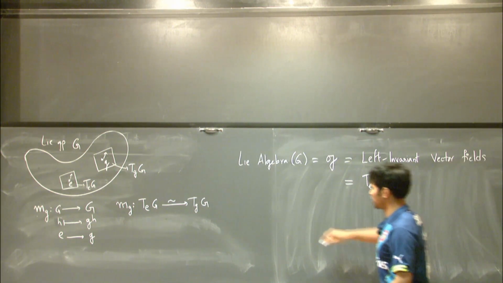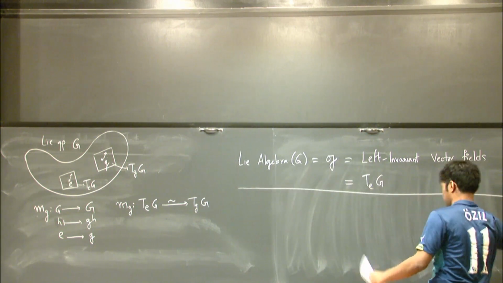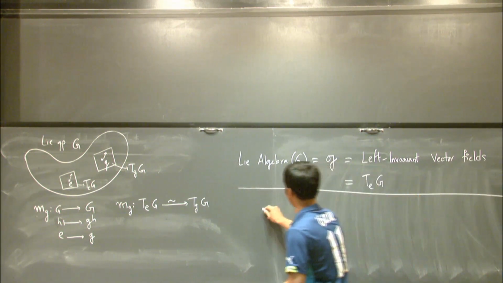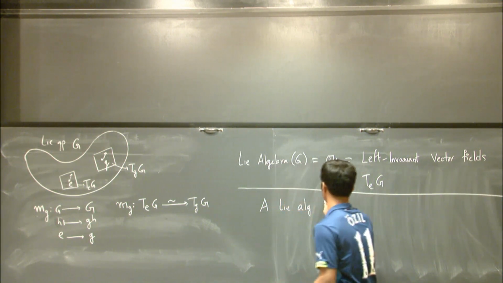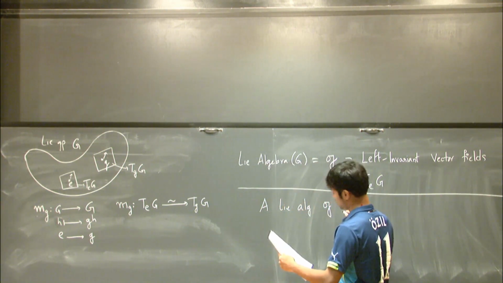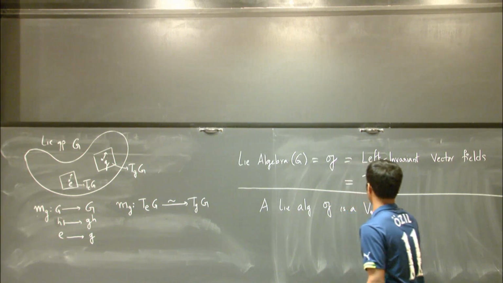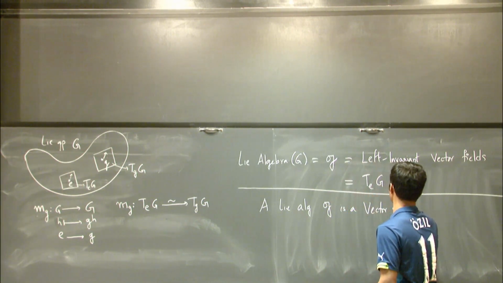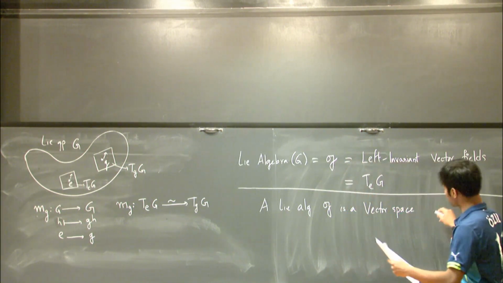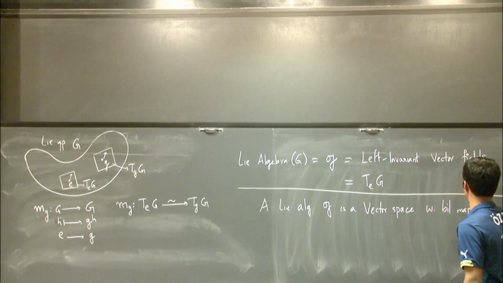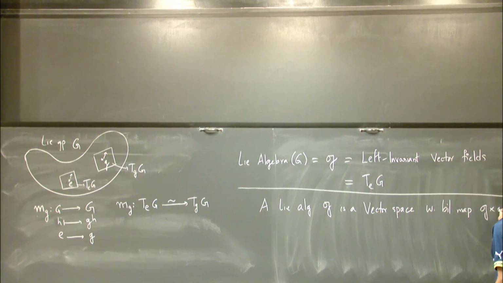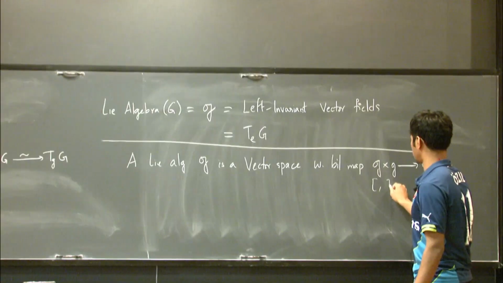So let me just define for you formally what this Lie algebra is. A Lie algebra g is a vector space with a bilinear map that I will denote by the commutator.